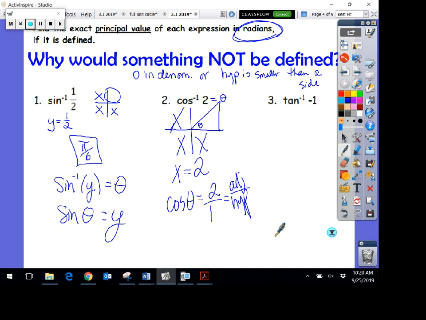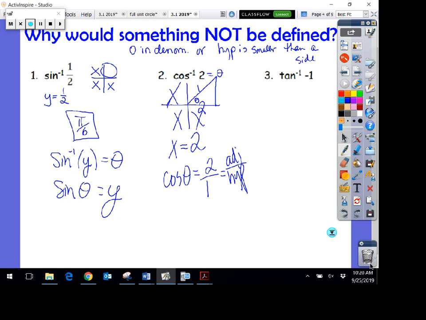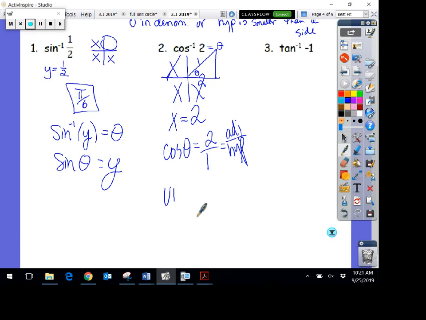The hypotenuse is smaller than a side. That's one of those situations where it's not defined, because adjacent over hypotenuse like that is not a possibility. So undefined. UND, not defined, undefined. Do not write no solution. There's not even an answer that makes sense.